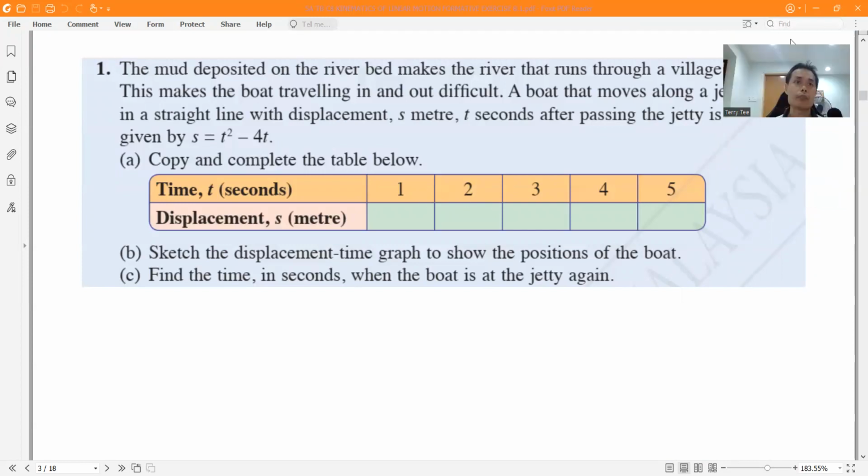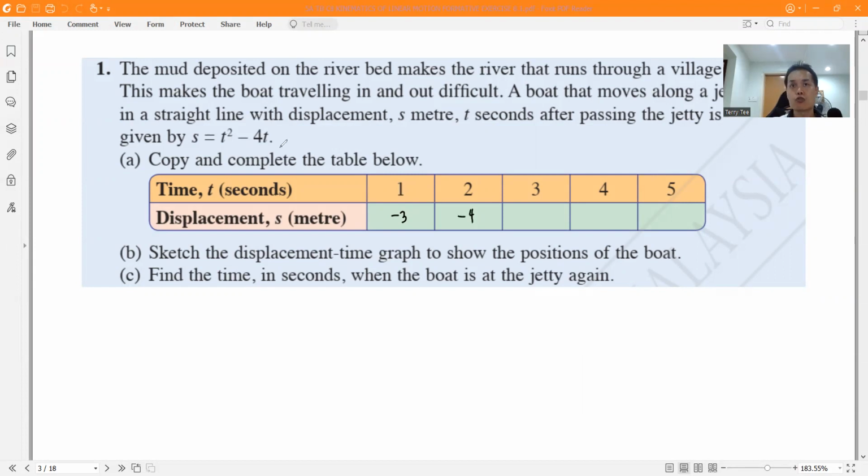Now we can calculate one by one manually, using your calculator. Substituting 1: 1 squared minus 4 times 1, which gives us -3. Then 2 squared is 4, 4 minus 4 times 2, which gives us -4.